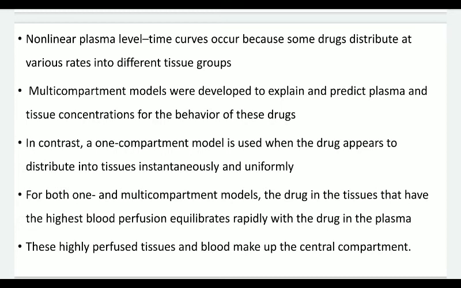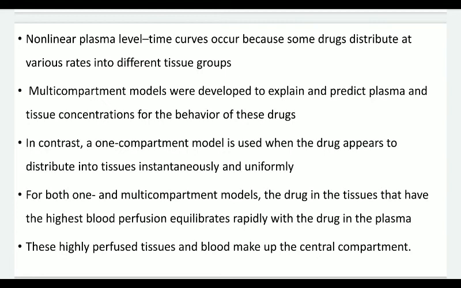So here the concept of the multi-compartment model would help us to understand how the drug is being distributed throughout various compartments. In contrast, the one compartment model is used when the drug appears to distribute into tissue instantaneously and uniformly.